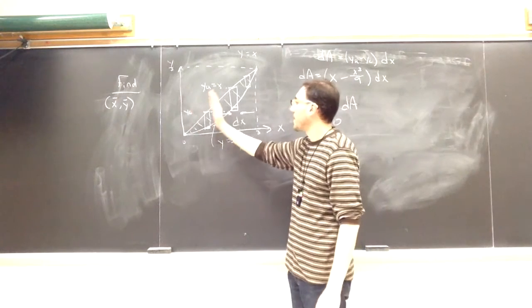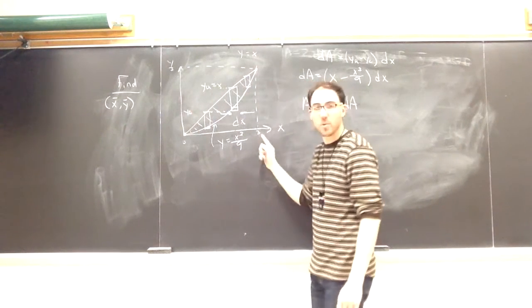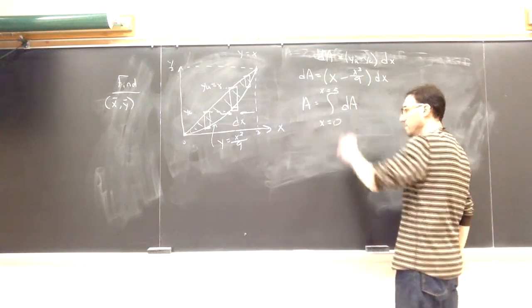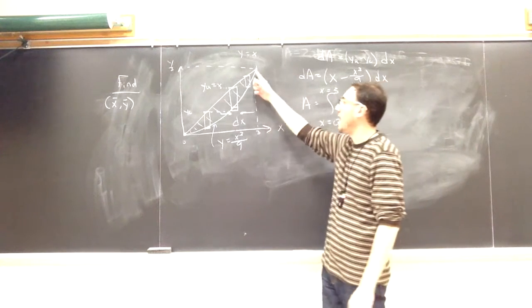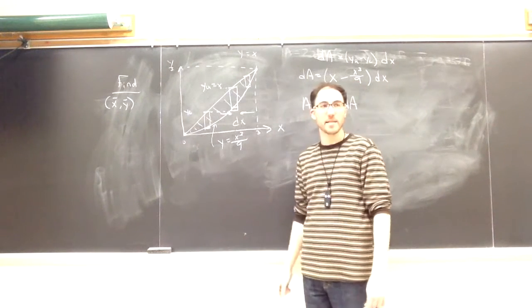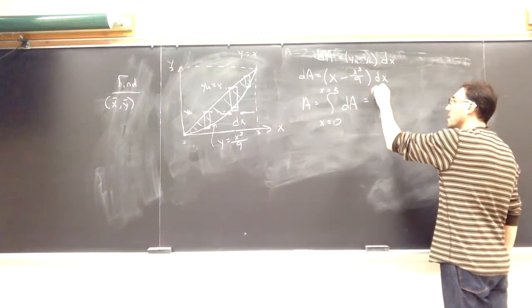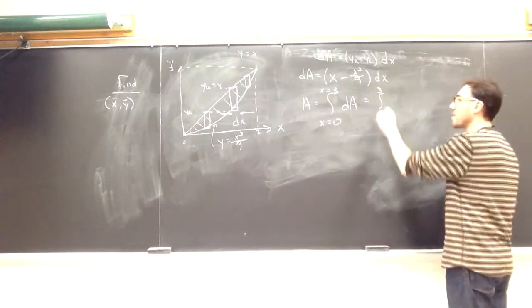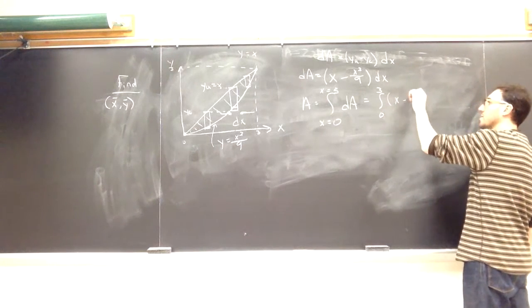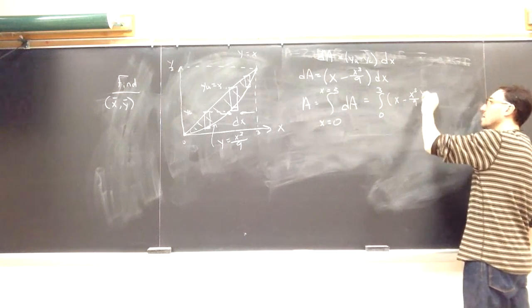And then I keep adding rectangles until I get to x is equal to 3. And then I stop, and now I've included every rectangle that's going to be inside that shape. And my dA, I've defined above here, x minus x cubed over 9 times dx.